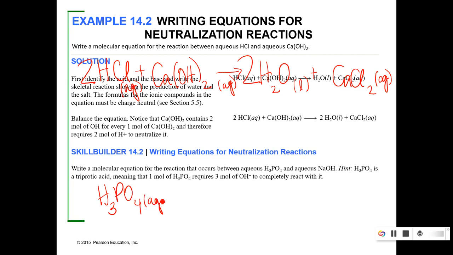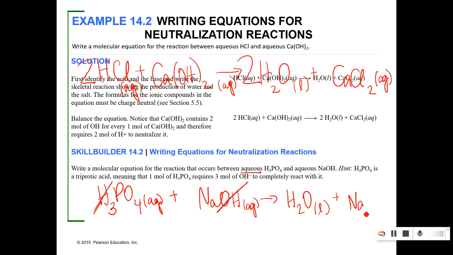H3PO4, aqueous, because it says aqueous, plus NaOH, aqueous, makes water, always, plus whatever's left. So again, OH is gone, H is gone, so I have Na3PO4, and that's also aqueous.